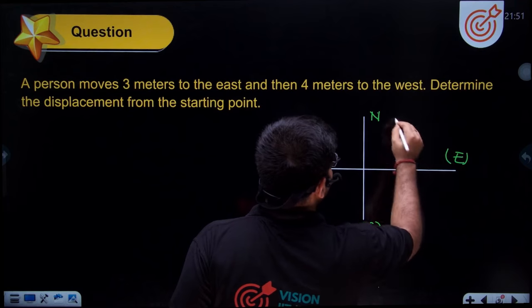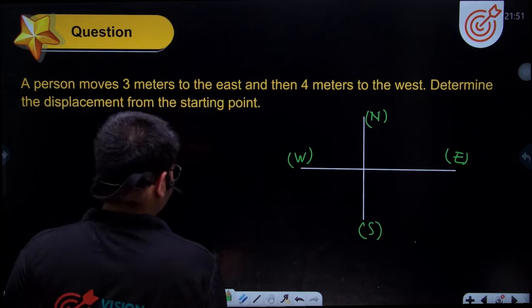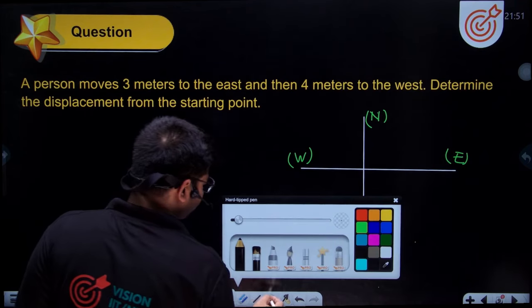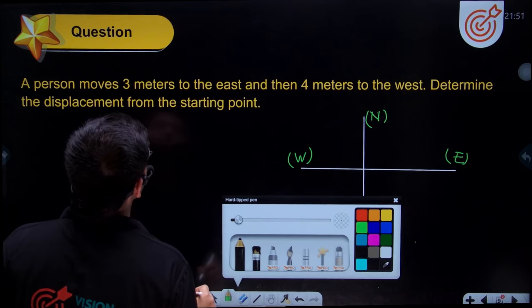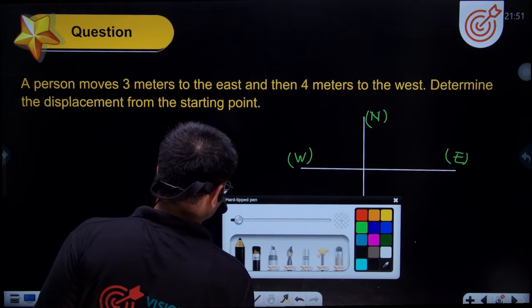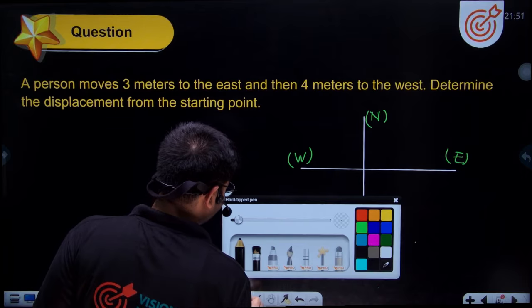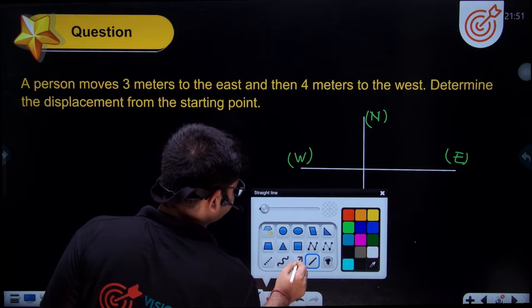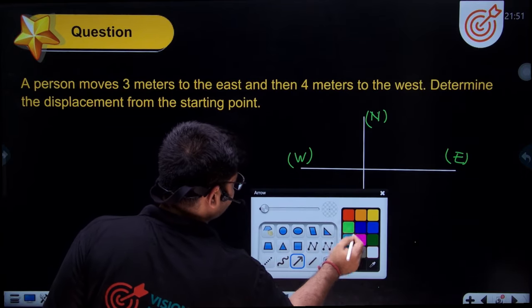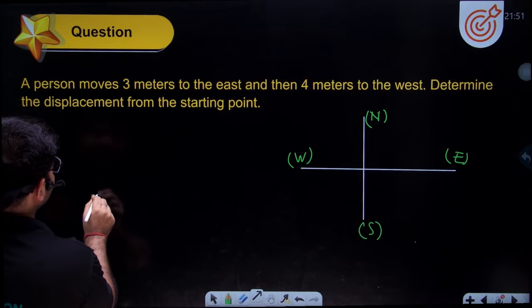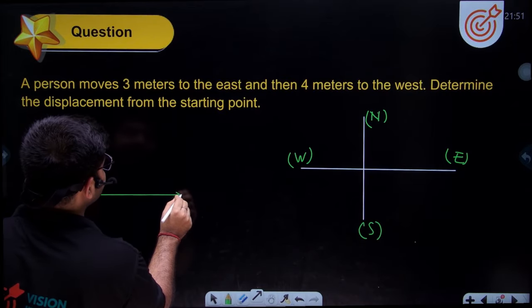Okay. Now, what we are talking about is, suppose a person moves 3 meters to the east. So in the east side, the person has moved 3 meters. Okay. So 3 meter the person has moved in the east.